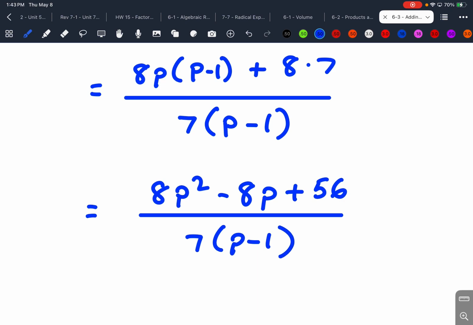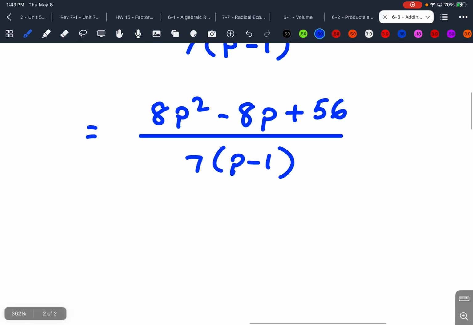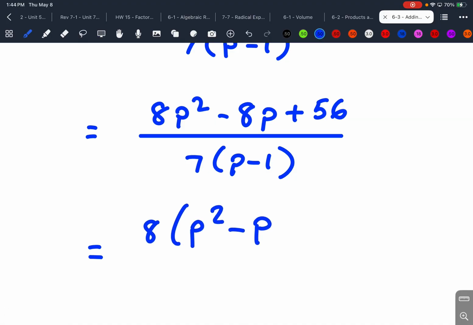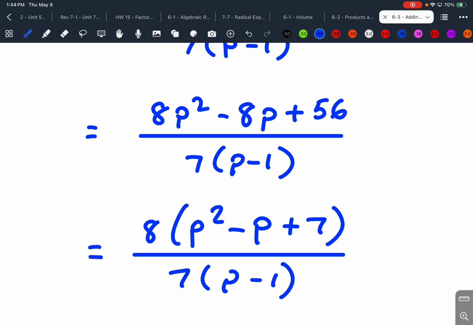And for good measure, these all do have a GCF here. So we should factor just to make sure nothing's going to cancel. And let's see, are there any two factors of 7 that add to negative 1? No, that's prime.